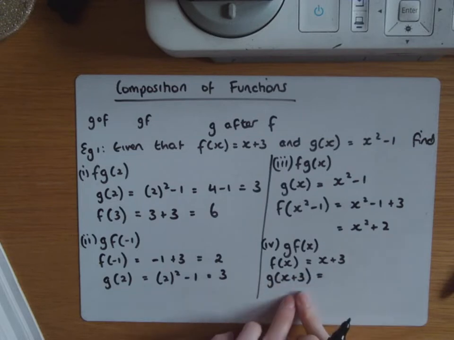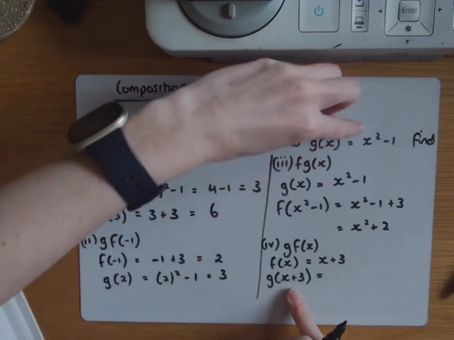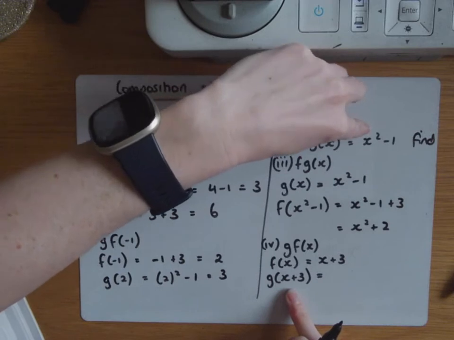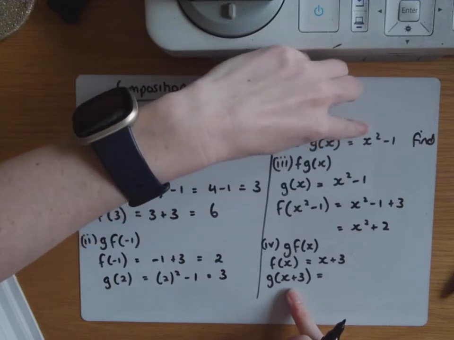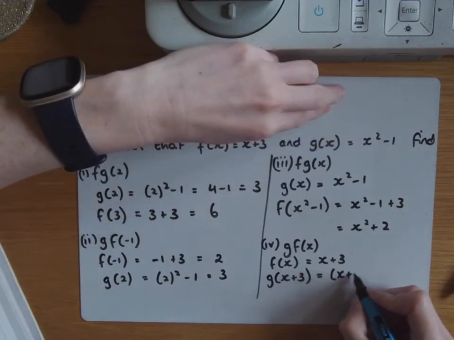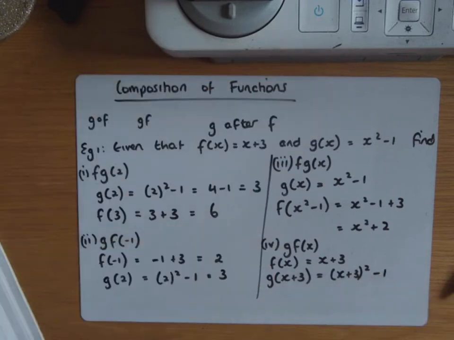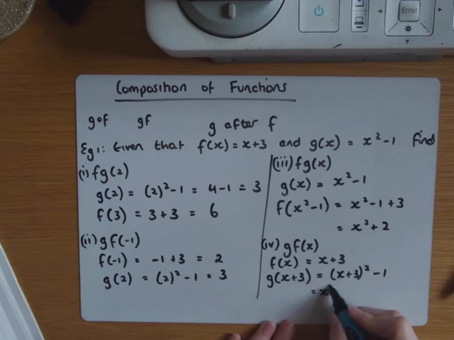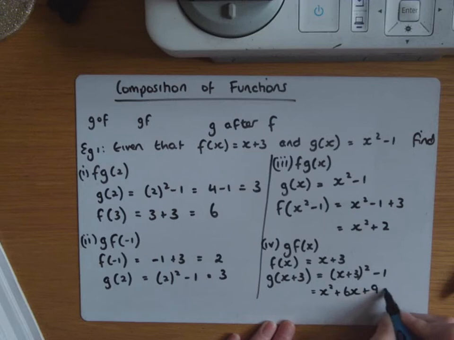That means my input in the g function is now x plus 3. So instead of x squared, I'm going to have x plus 3 to be squared. I'm just going to square this out. Square the first, product of the two multiplied by 2, square the last, and I get x squared plus 6x plus 9.